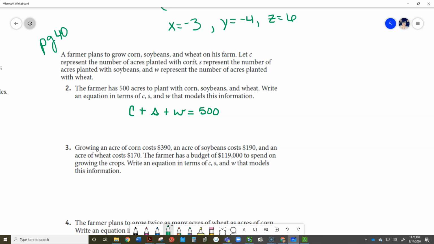The next thing they're going to tell us is that growing the acres of corn costs this much money. Corn is this much, soybeans is this much, and wheat costs this much.